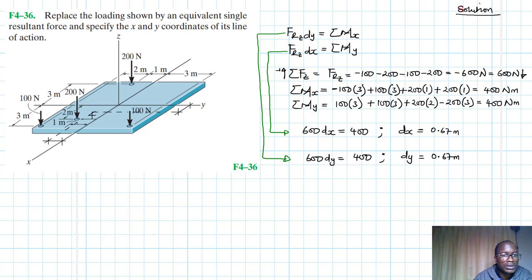So let's place our resultant. Our resultant will be there. I need the thick line to be there like that. Okay, there we go.